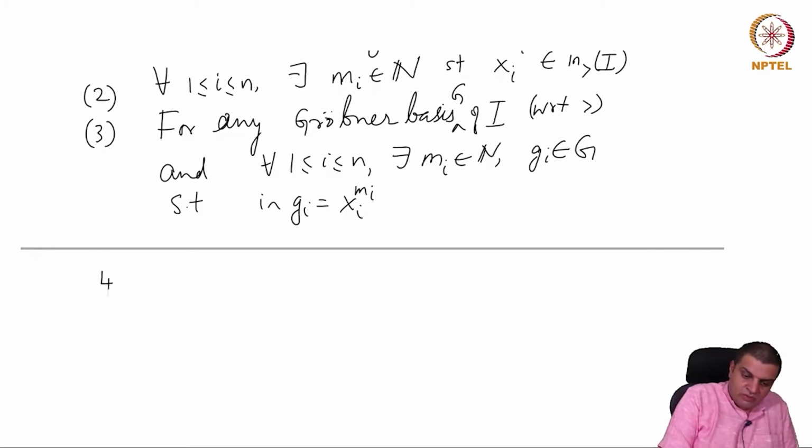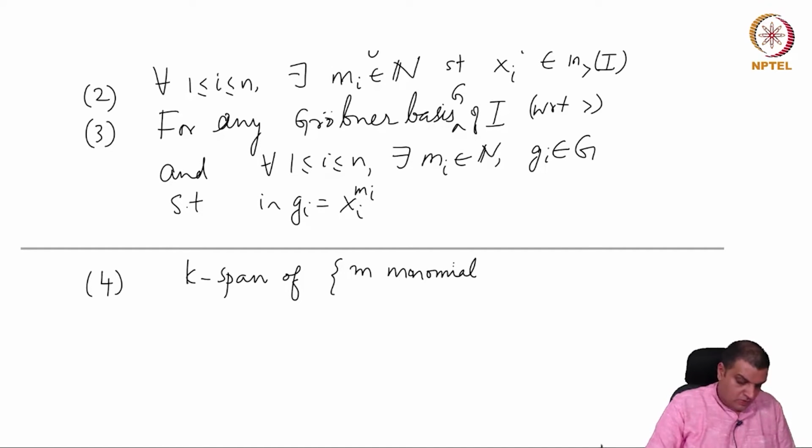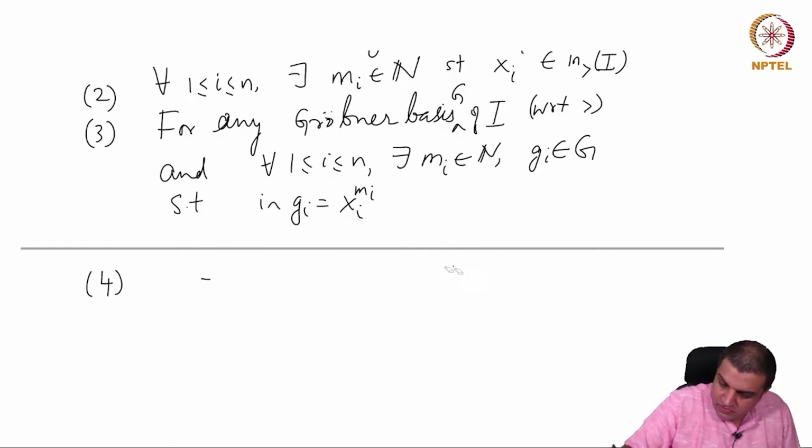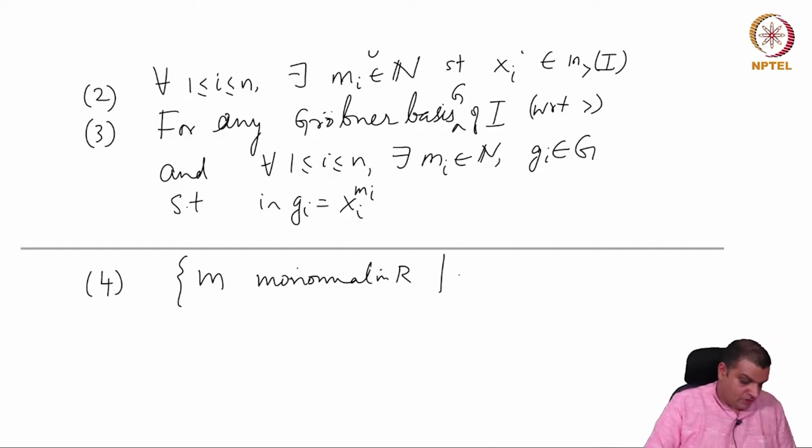Statement 4, the set of monomials M in R such that M is not inside the initial ideal of I is finite.